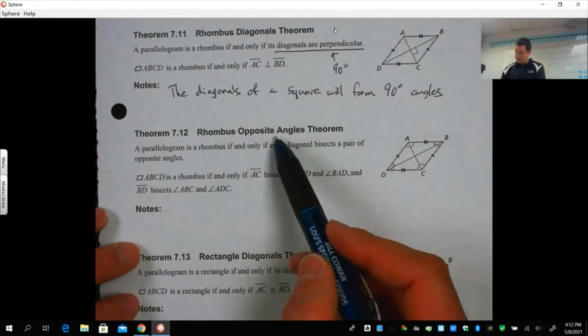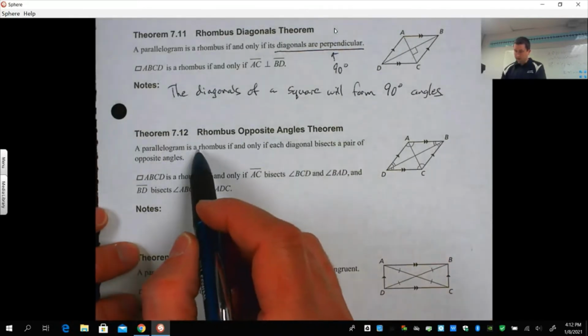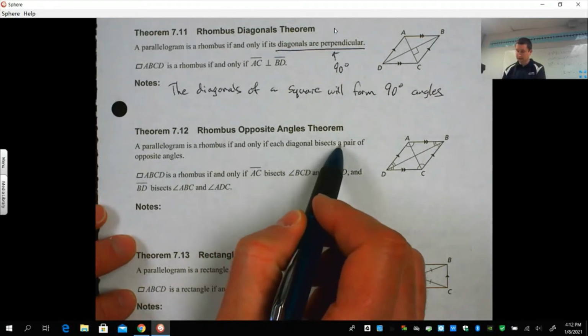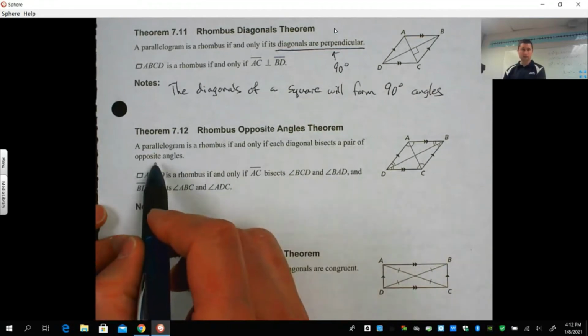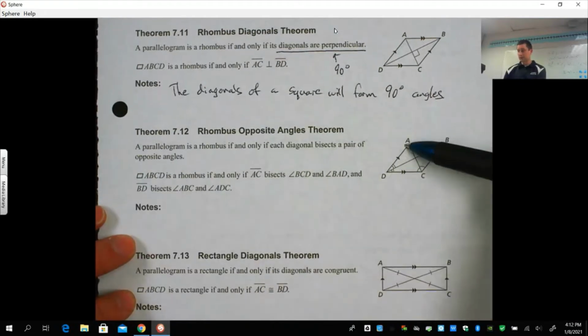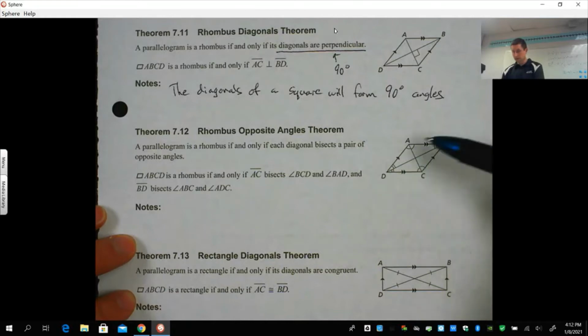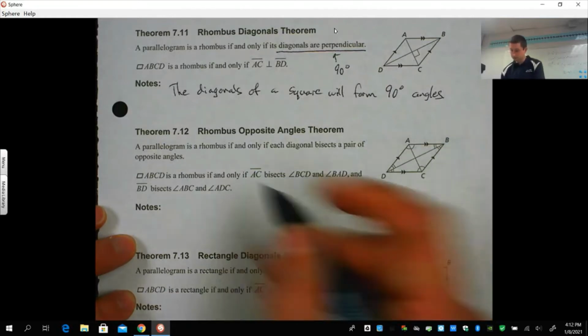Rhombus opposite angles theorem. A parallelogram is a rhombus if and only if each diagonal bisects a pair of opposite angles. So this is a parallelogram, so we know opposite angles are congruent. Now, for a rhombus, and consequently a square, the diagonals will bisect opposite angles.